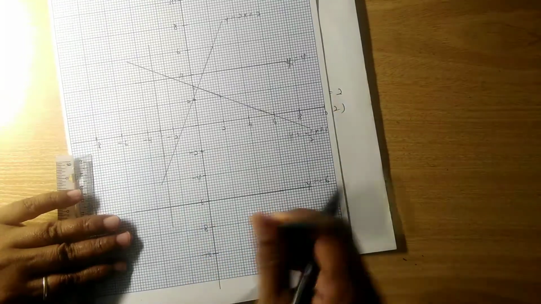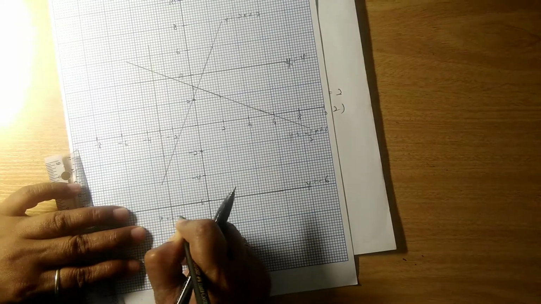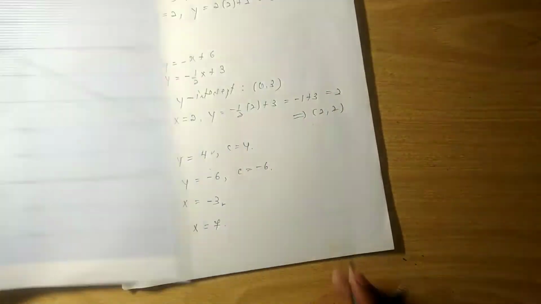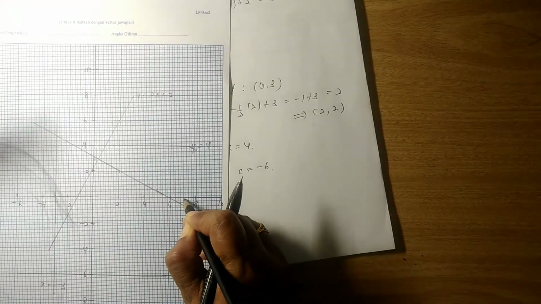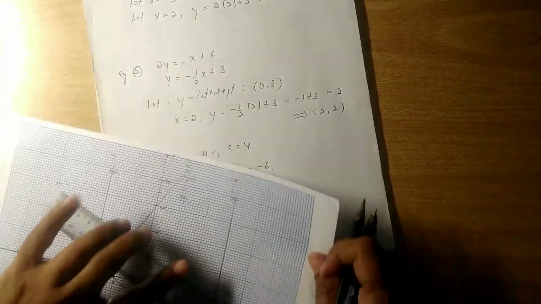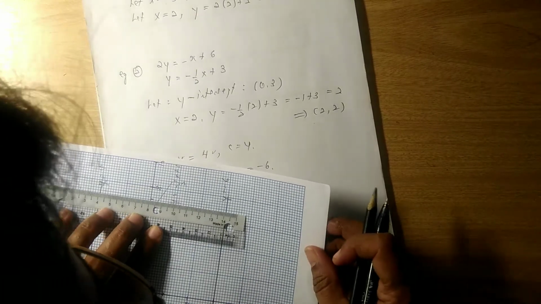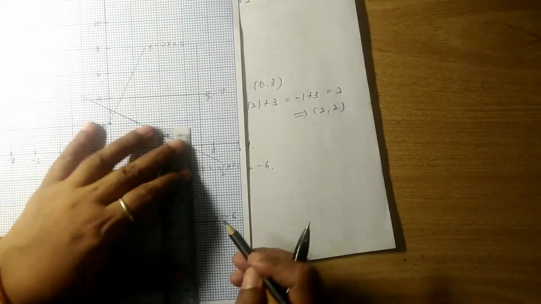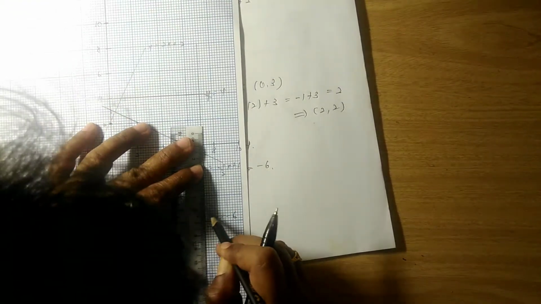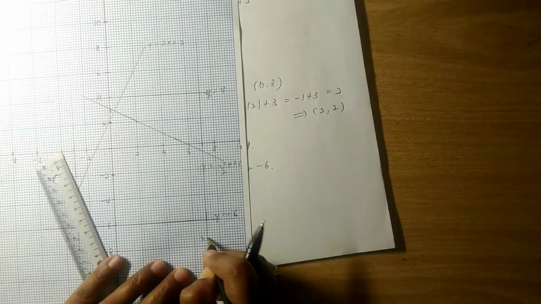So this is x equals to negative 3. And if you have x equals to 7, 7 is here. So that's your line of x is 7.